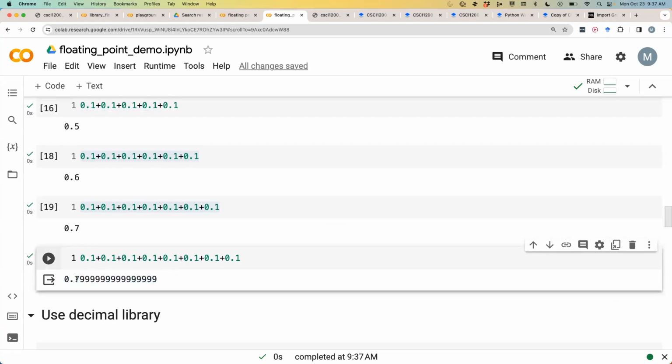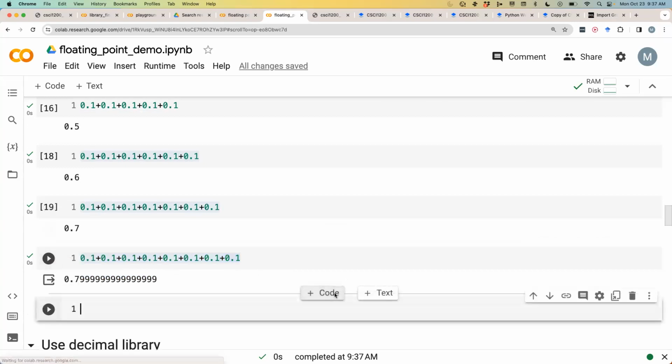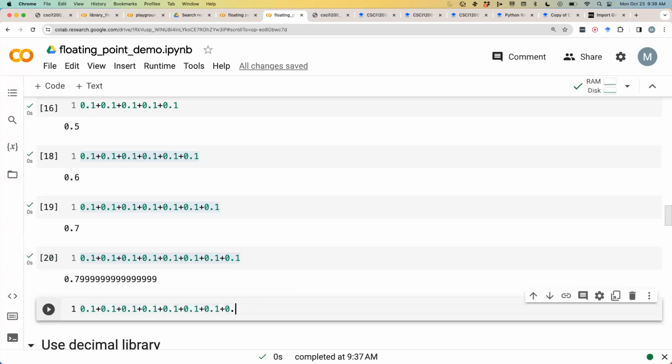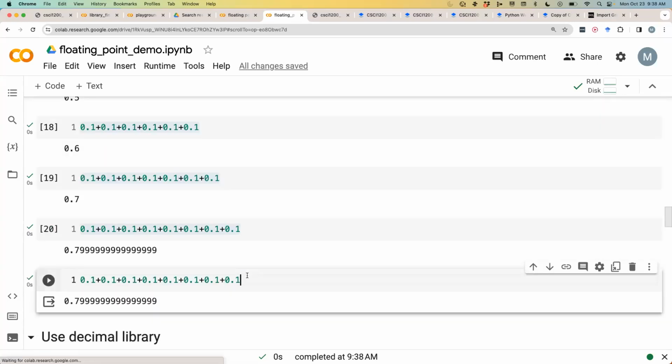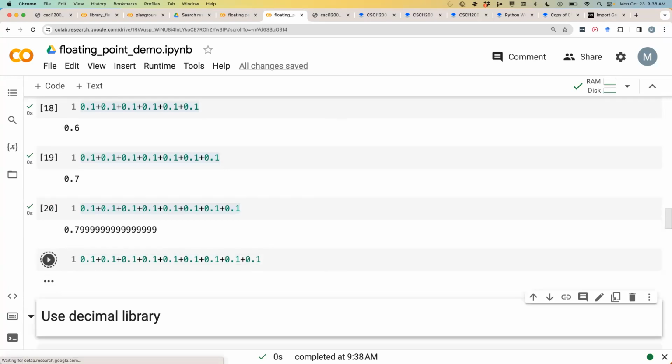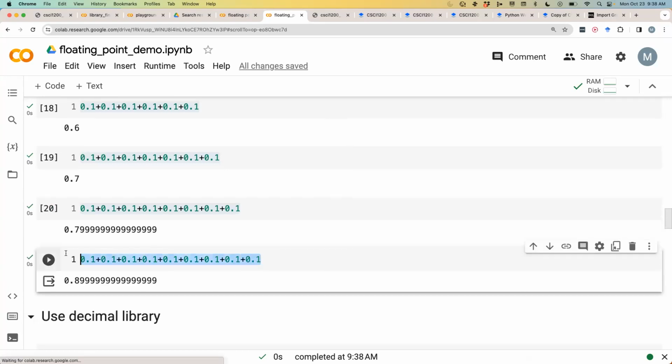It's supposed to give us 0.8, but it gives us 0.799999, which is something close to 0.8, but not exactly 0.8. All right, so if you have a calculator that wants to sum up these numbers, it will give you an error. It will not give you a precise value, okay? And then you can continue to check. It'll get canceled out at some point, and then it can occur again at some point. Now the rounding off error continues to accumulate.